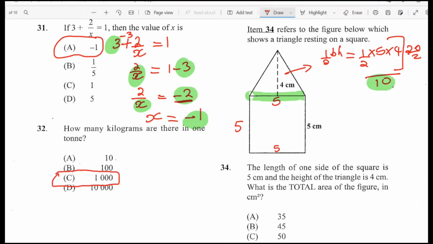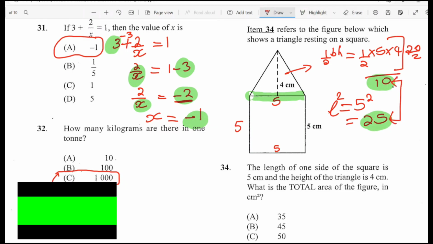For the square, the area is simple. It's L squared, the length times itself, which is 25. Combining the two results, 25 and 10 to be added, the result is 35.